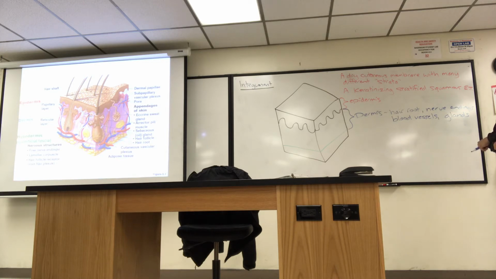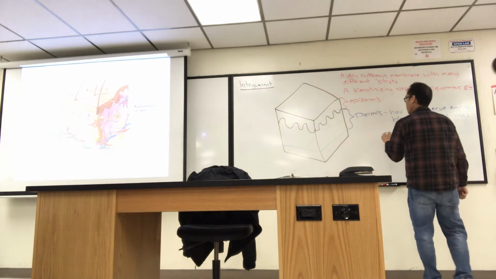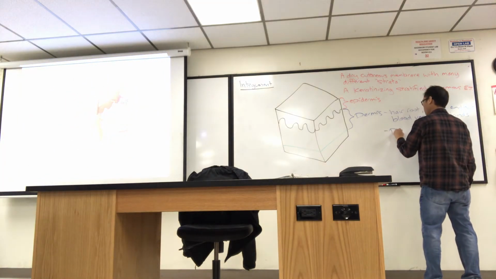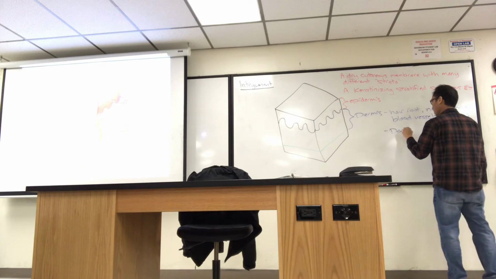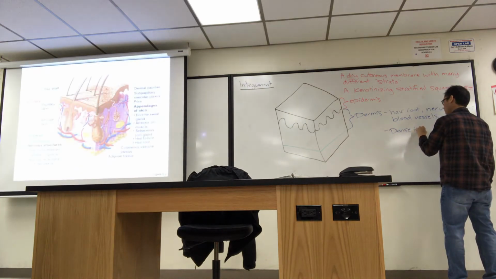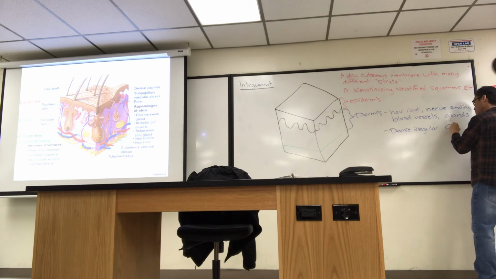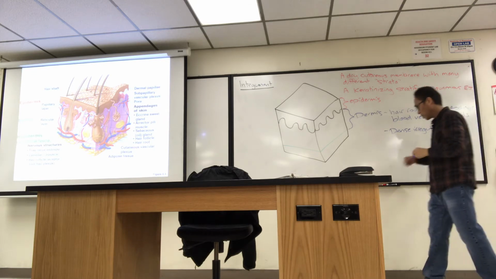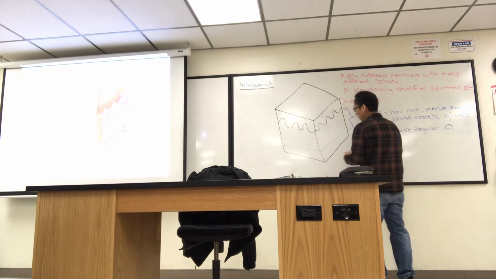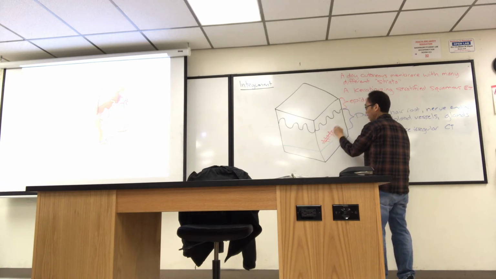Well, in chapter 4, we said that it's mostly a dense, irregular connective tissue. So all the collagen bundles, which are usually reddish in color, just go every which way down there.